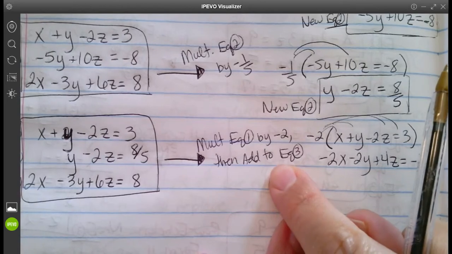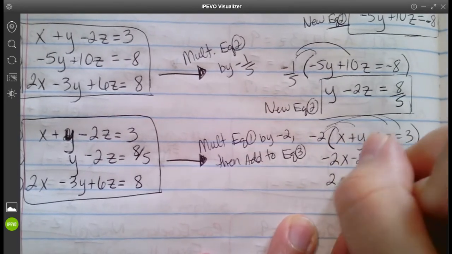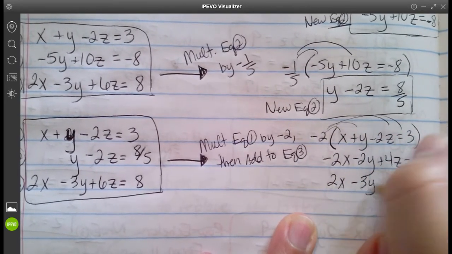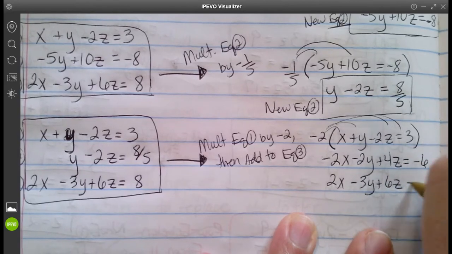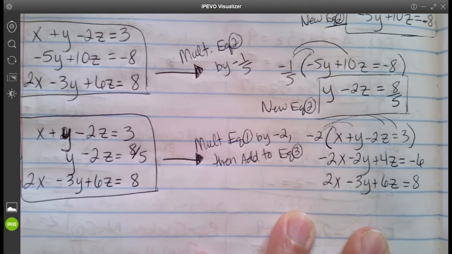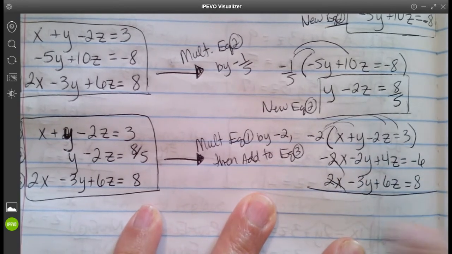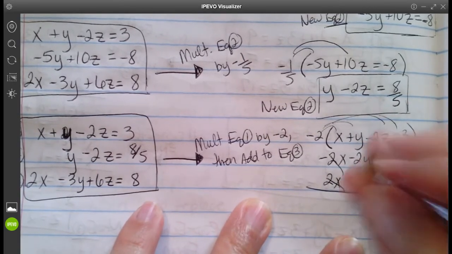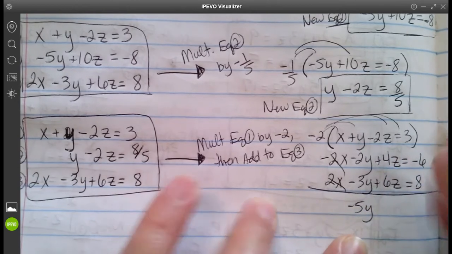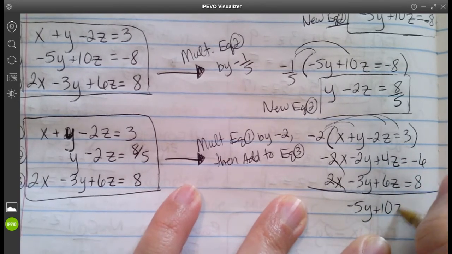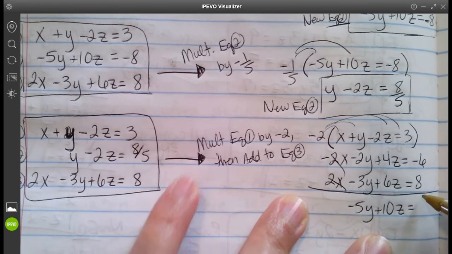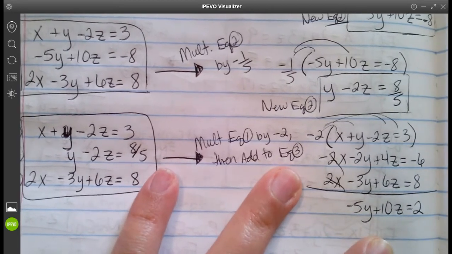Now I'm going to add it to equation 3. So let's bring equation 3 over here, like so. Okay, let's add these up. That gets rid of that for me. Negative 2y minus 3y is negative 5y plus 10z equals negative 6 and 8 is 2.